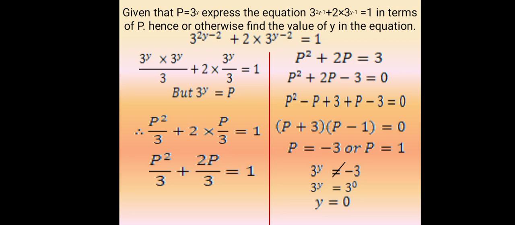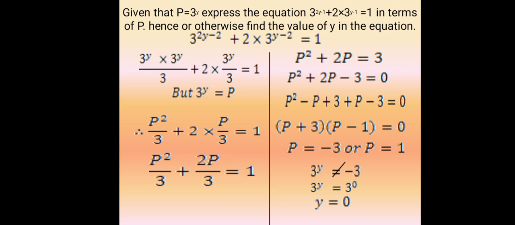Now, using those factors, which ones can you add to get 2? Can you see 2p in the middle? It's only positive 3 and negative 1. So break this 2p into positive 3p and negative p.